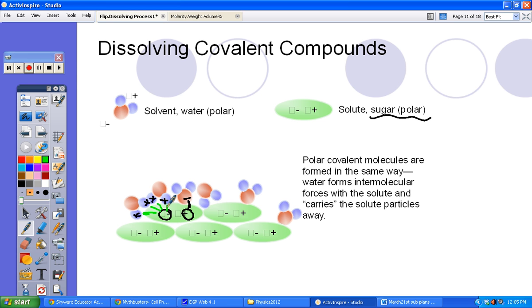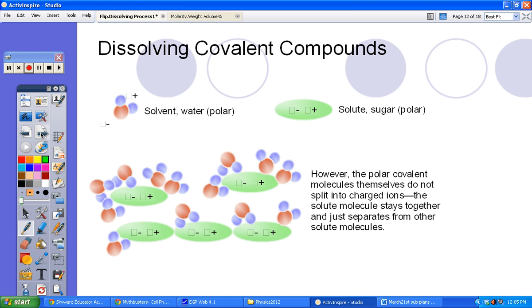Eventually that water molecule carries off the covalent compounds from the rest of it. When you first pour sugar into a glass, it doesn't instantly dissolve. It actually sits at the bottom unless you stir it up. By stirring it up, we can take these water molecules and they start to carry off the sugar compounds.